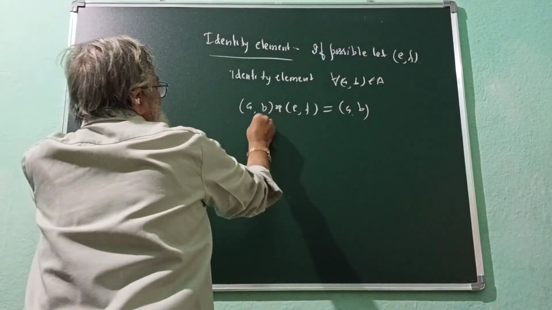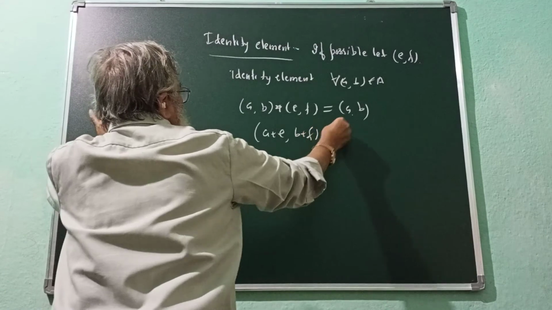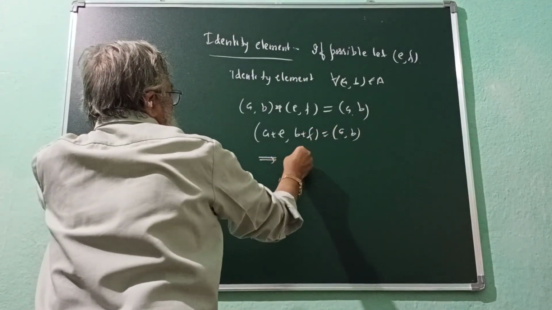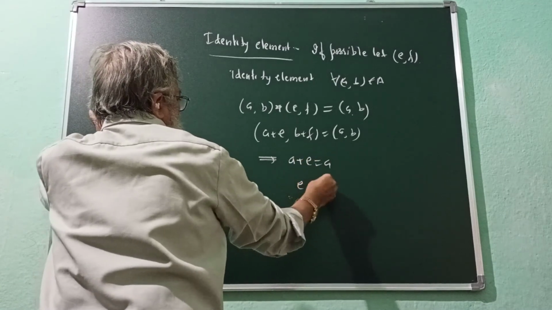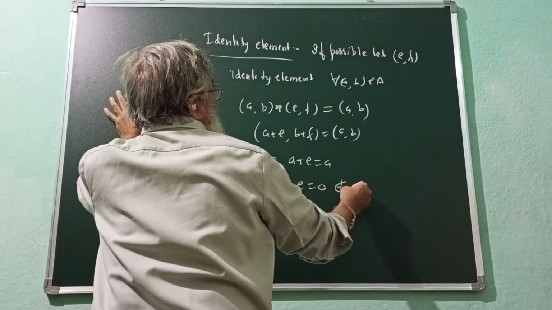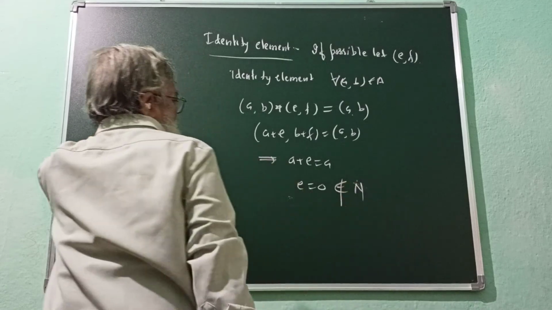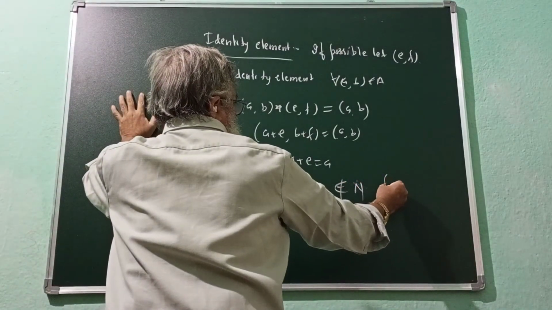Now if you operate on these two, A plus E, B plus F is equal to AB. It means that A plus E is equal to A, or E is equal to 0, but 0 does not belong to A here, that is the natural numbers.